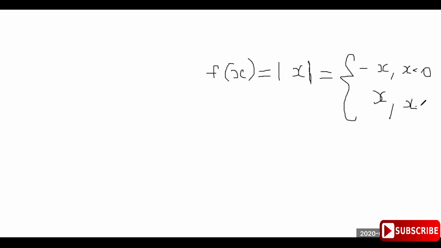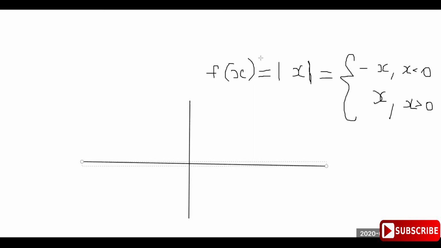So pretty much, in other words, what the modulus does, it reflects everything that is below the x-axis over the x-axis. So for example, this is just the graph of x. I'm going to draw the graph of y equal x. The graph of y equal x is this. That's the graph of y equal x, right? Just a straight line passing through the origin.